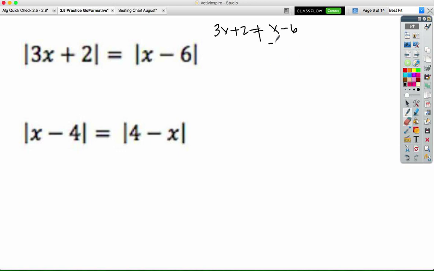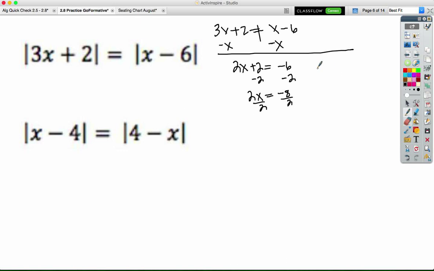At least I caught it. So I would minus x from both sides. I'd be left with 2x plus 2 equals negative 6. Then I would minus 2 from both sides. Be left with 2x equals negative 8. And then when I divide by 2 on both sides, I'm left with x is equal to negative 4. Negative 8 divided by positive 2 gave me the negative 4.